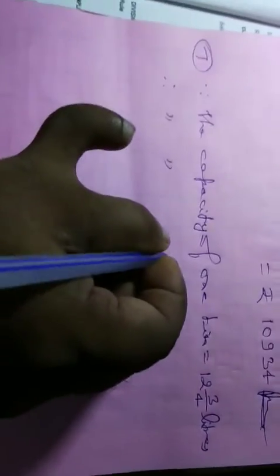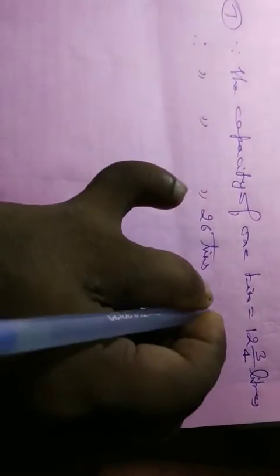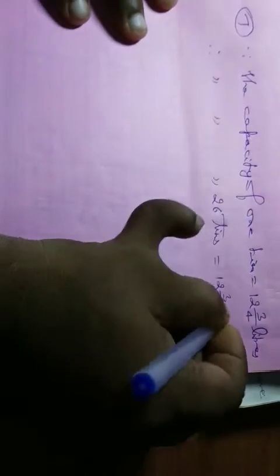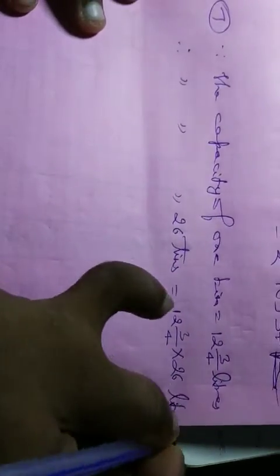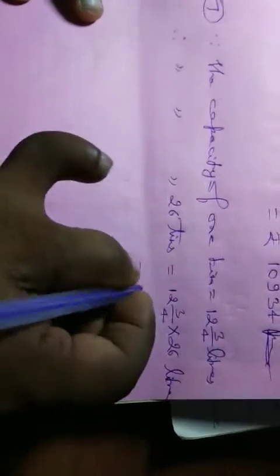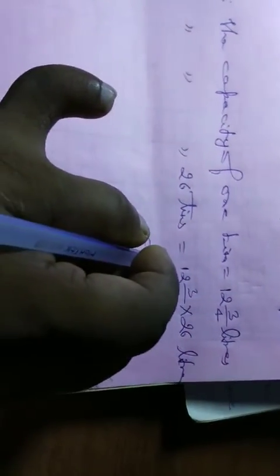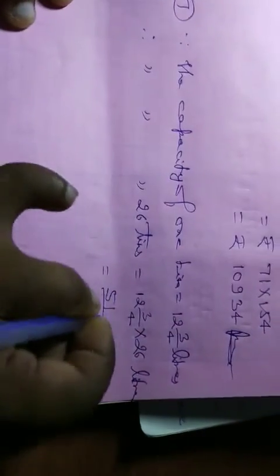Therefore, the capacity of 26 tins, just multiply the capacity of 1 tin by 26 liters. 12 4 is 48, 3 is 51, by 4, 26 liters.